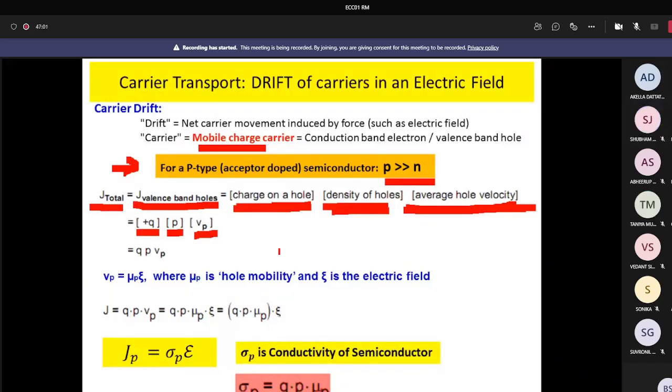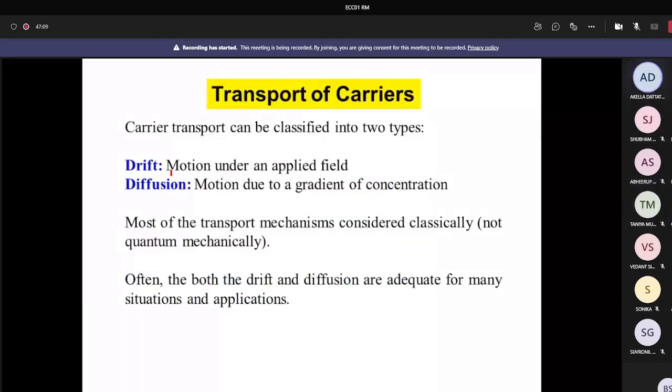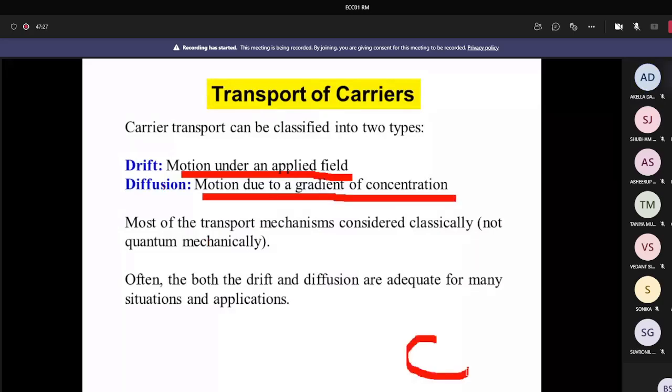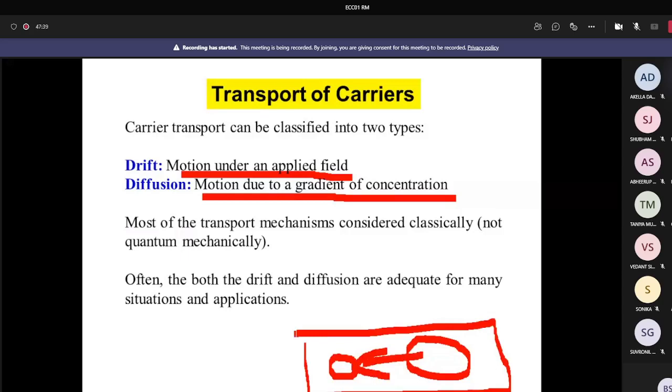Drift is the movement of carriers under an electric field. Diffusion is due to the gradient of concentration. Suppose you have a high concentration area here and a low concentration area here, so diffusion will take place from this to this. Suppose this is your semiconductor, and locally this is the high concentration region and this is the low concentration region.